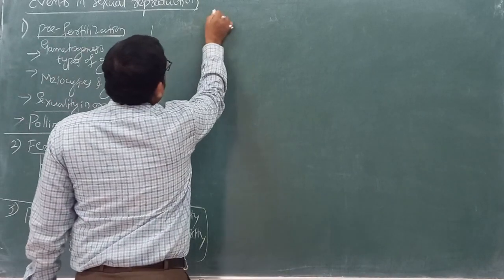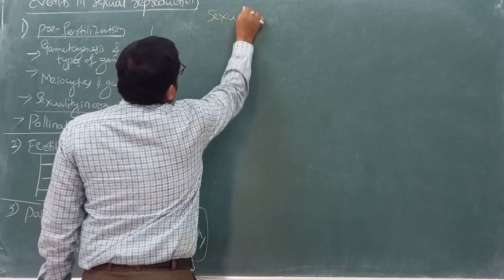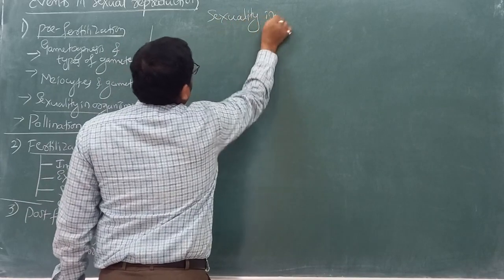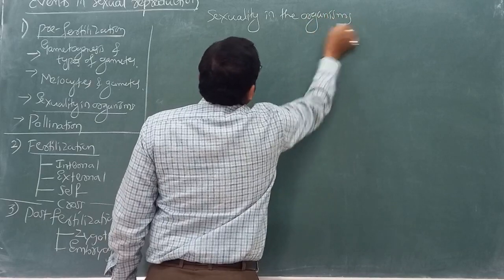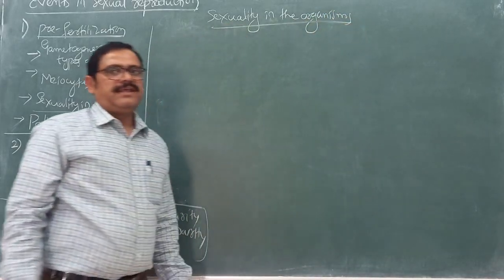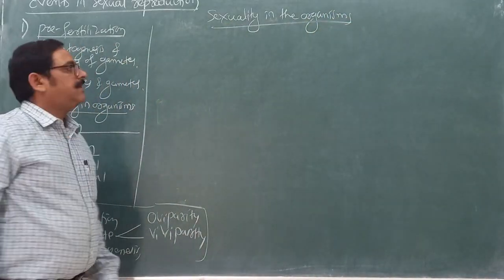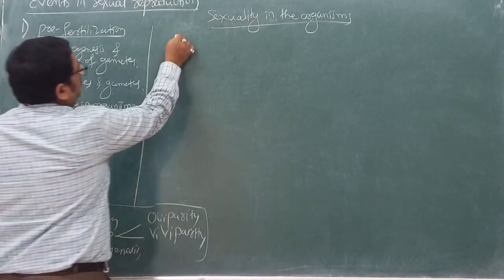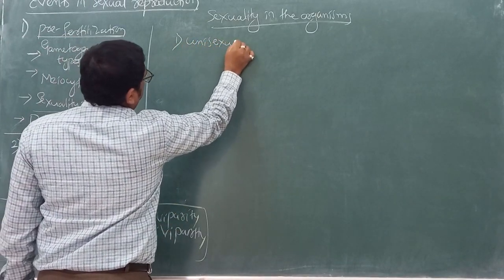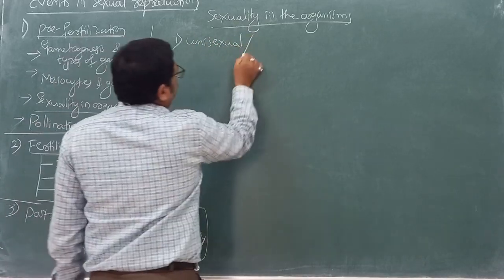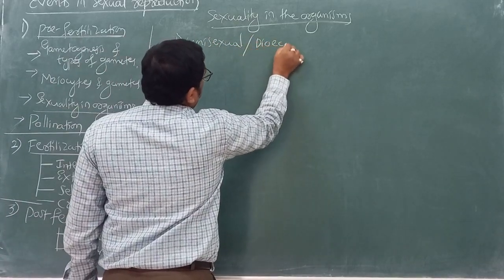When you talk about sexuality, organisms are basically of various types, but let me mention here, organisms can be called unisexual. Unisexual means they are dioecious.